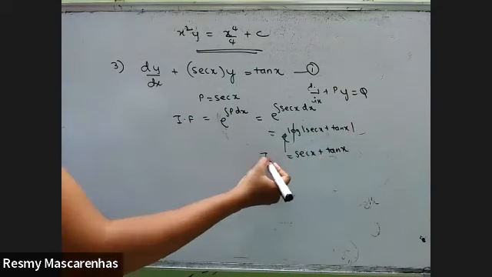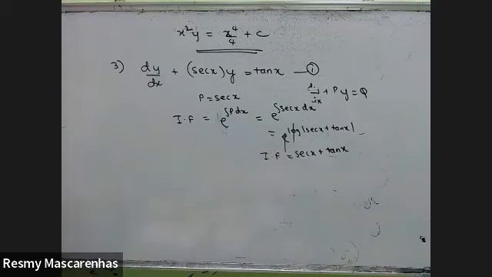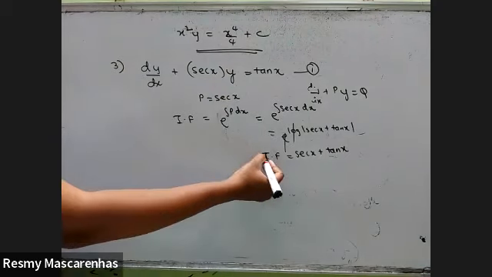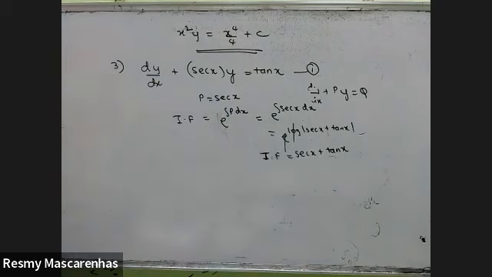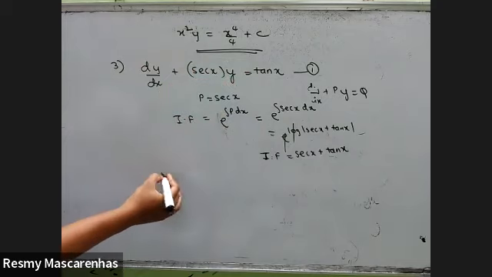This is the integrating factor. E and log will cancel. Now multiply equation 1 by the integrating factor.